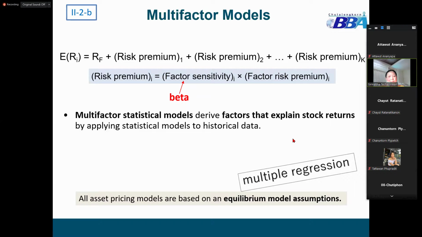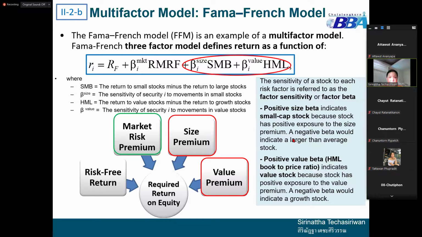But in the multi-factor model, you can add other factors if you believe that this factor can have significant impact on the company risk and the required return. And the most commonly used or talked about multi-factor model is the Fama French model.